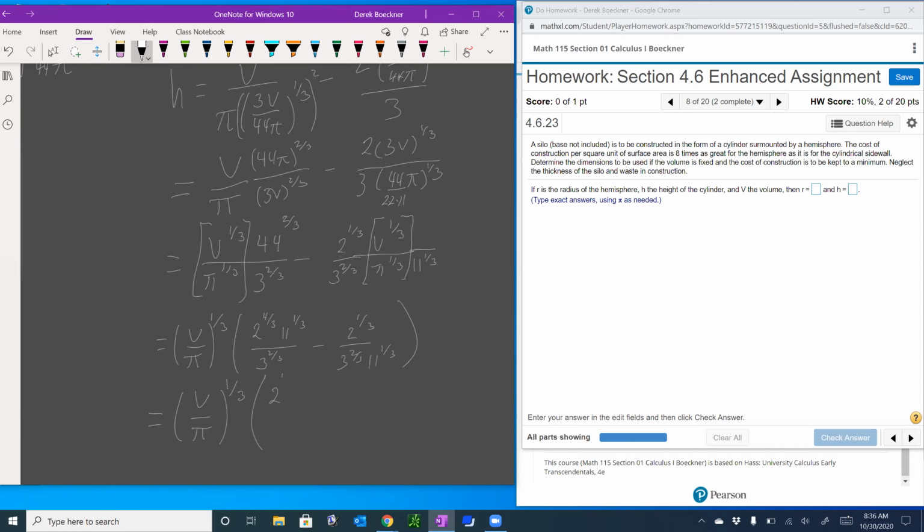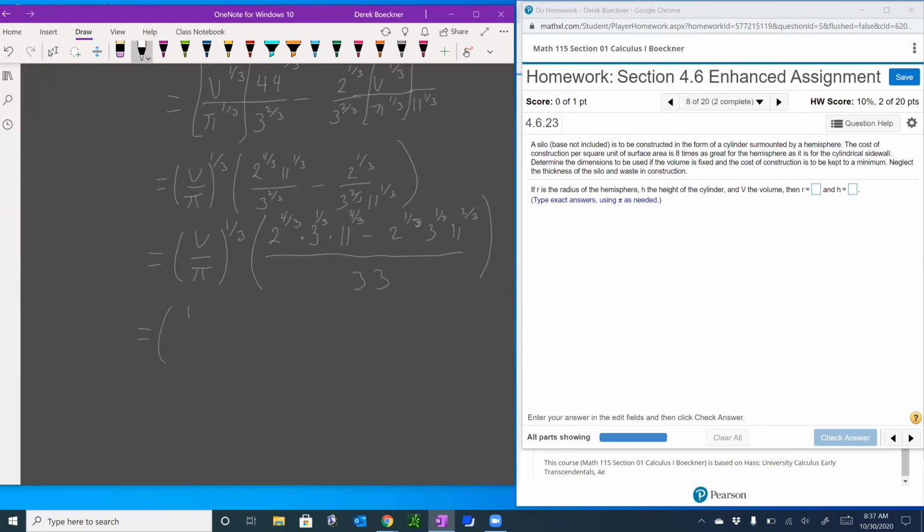So 2 to the 4/3, I need an extra factor of 3 to the 1/3 up here. I need an entire factor of 11, so that gives me 11 to the 4/3, and that's over 33. And then here, I have a 2 to the 1/3, a 3 to the 1/3 because I need an extra factor of 1/3 of a 3, and an 11 to the 2/3 there.